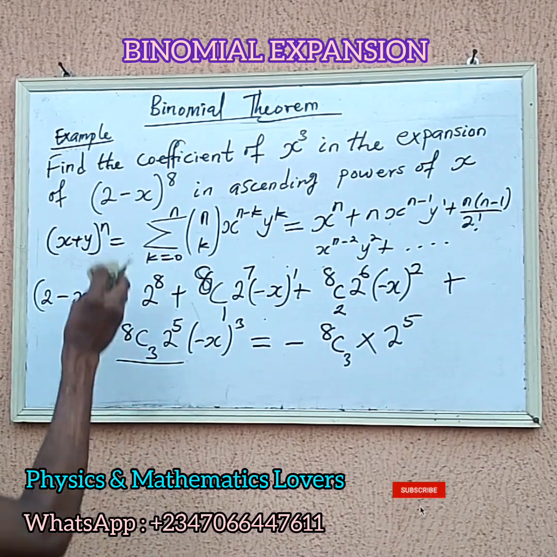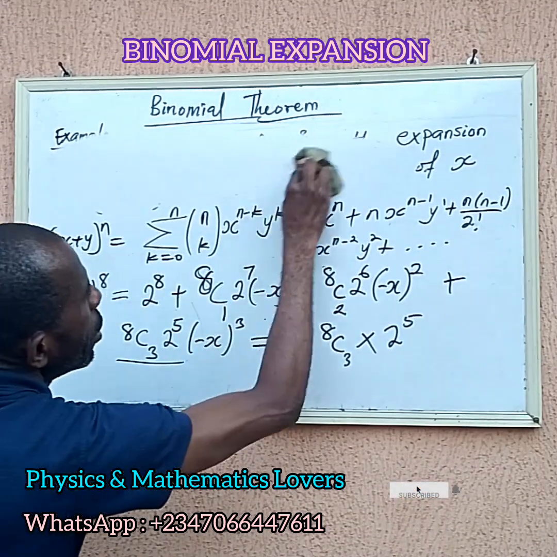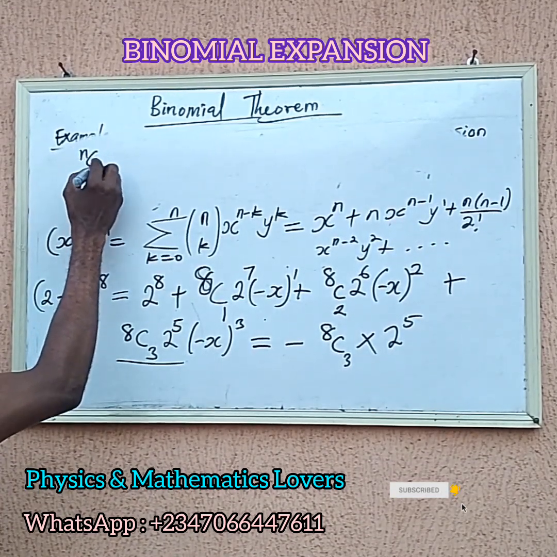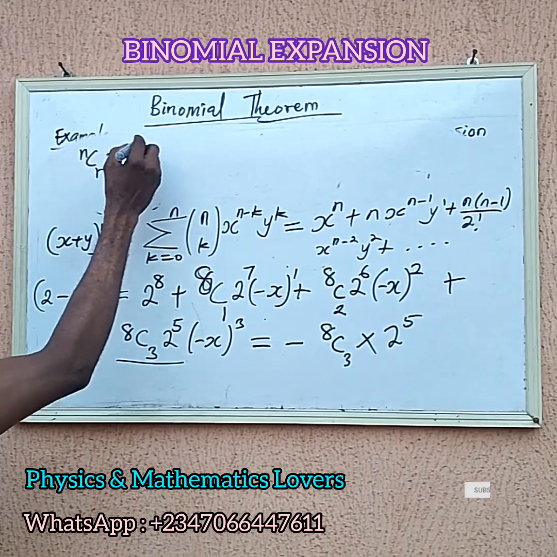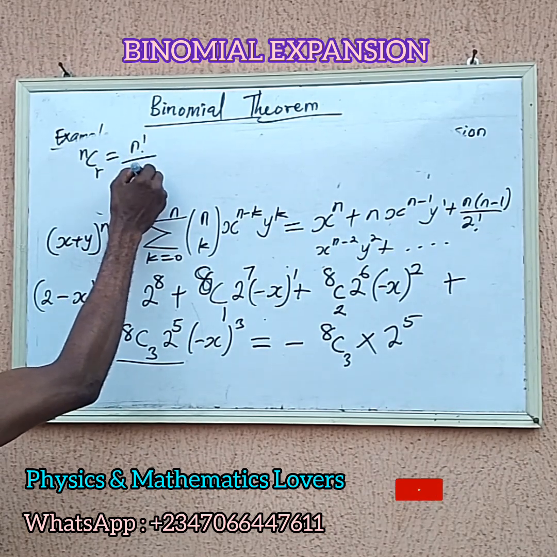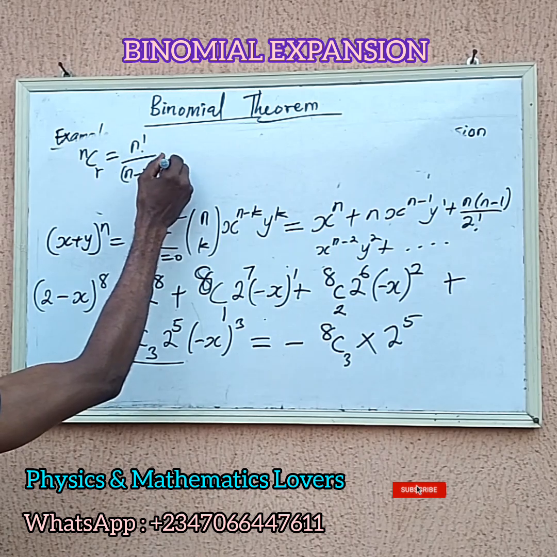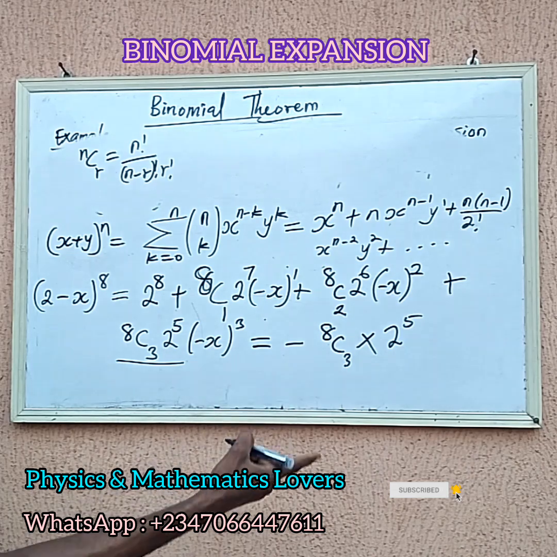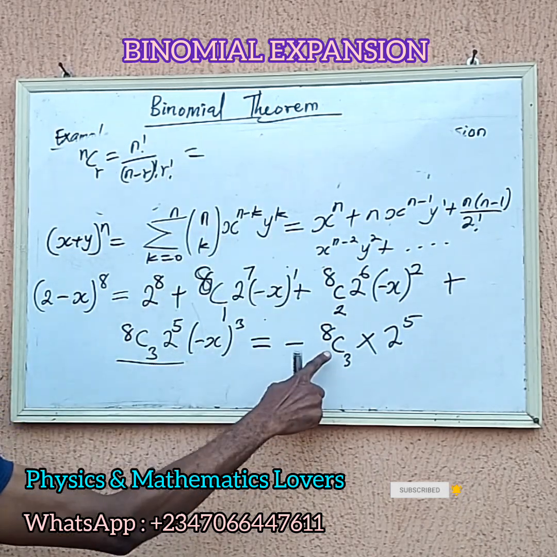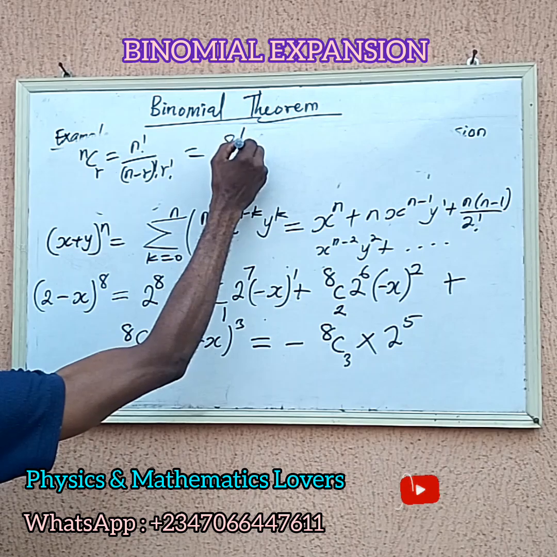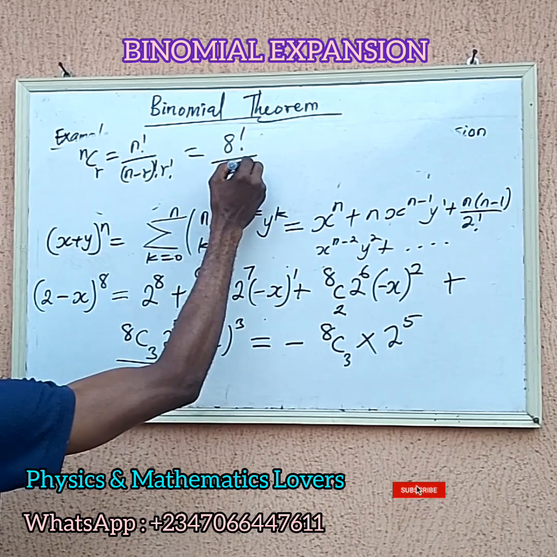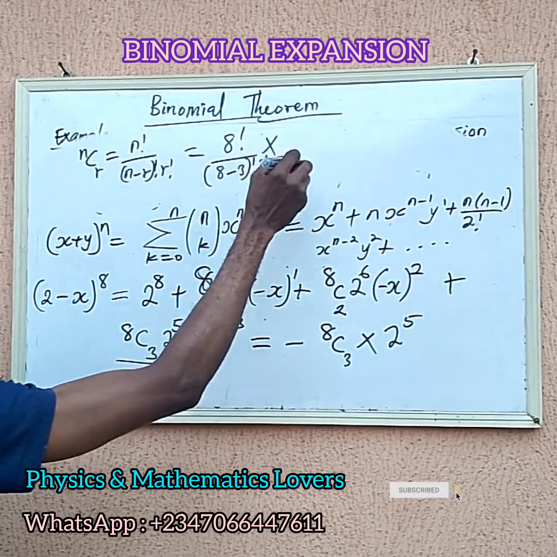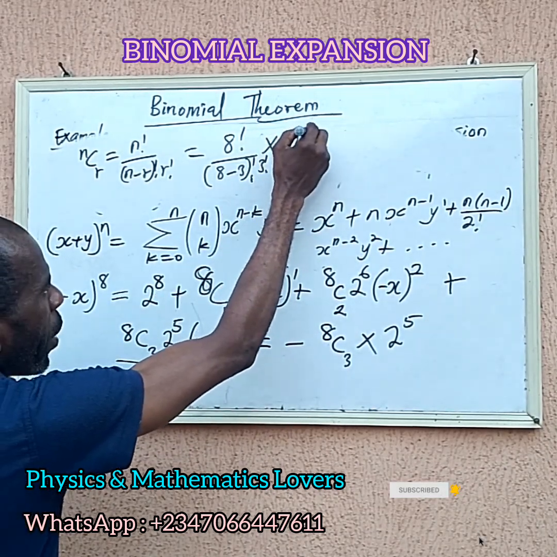We know the formula for calculating combination. n combination r is equal to n factorial over (n minus r) factorial, then multiplied by r factorial. Remember, this sign is not affecting this 8; it just affected the x. So our 8 combination of 3 is 8 factorial over (8 minus 3) factorial, then 3 factorial, multiplying 2 raised to power 5.